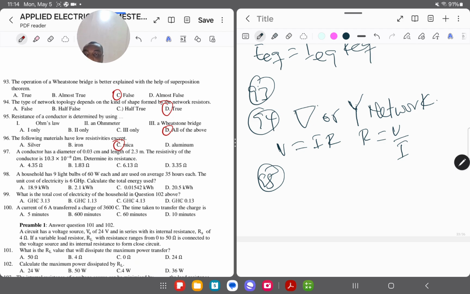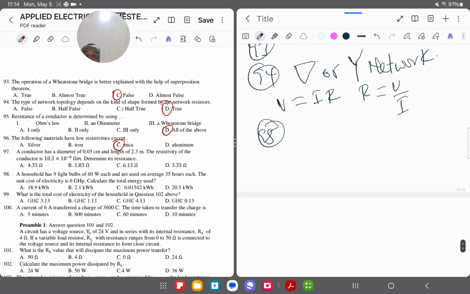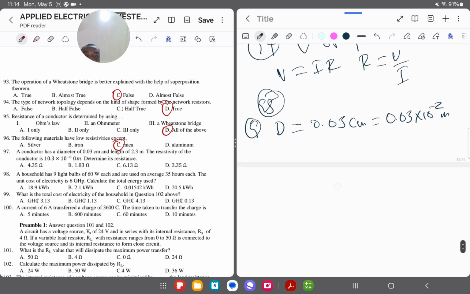A conductor has a diameter of 0.03 centimeters, meaning D is equal to 0.03 times 10 to the power minus 2 meters, and a length L of 2.3 meters.